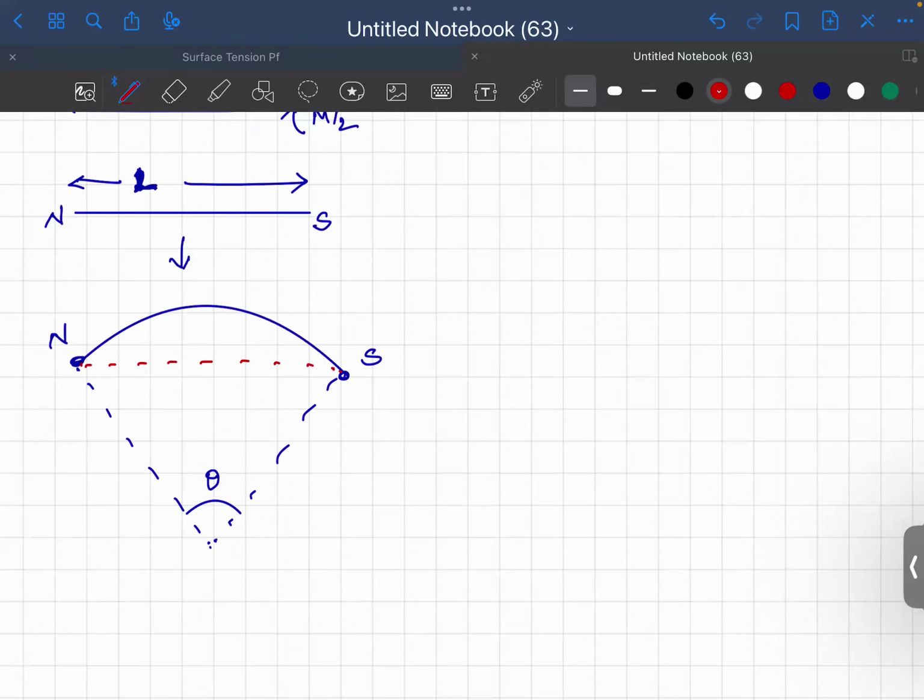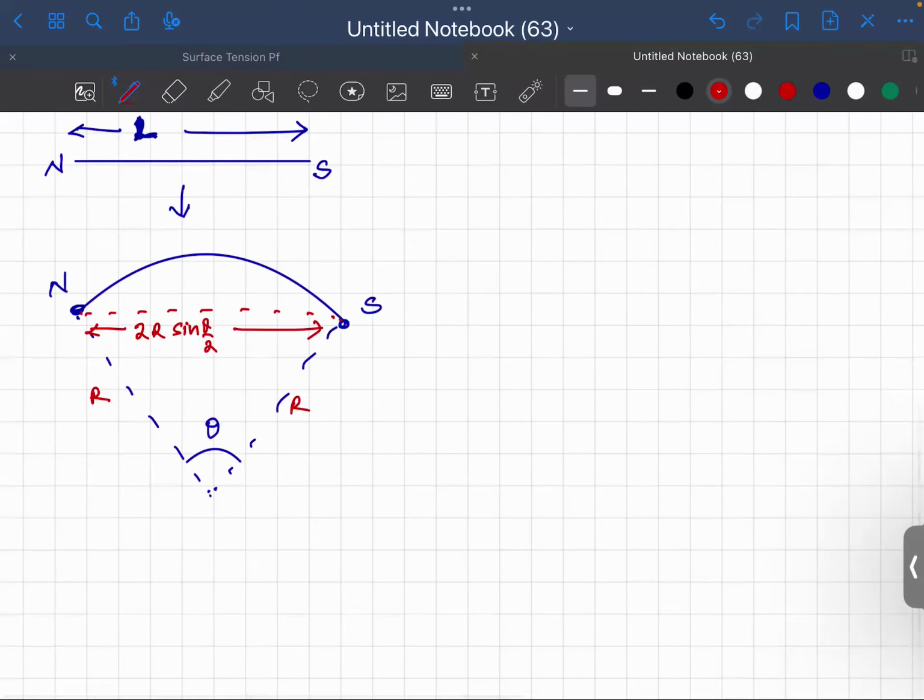Will the magnetic moment remain the same? No. Why? The effective distance between the poles is no longer L. This is R, this is R, and you already know this distance is going to be 2R sine theta by 2. Agreed, boys and girls? That is 2R sine theta by 2.